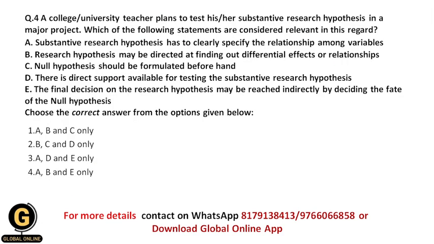Okay, a college or university teacher plans to test his or her substantive research hypothesis in a major project. Which of the following statements are considered relevant in this regard? Okay, so the college or university teacher is planning to test his or her substantive research hypothesis.